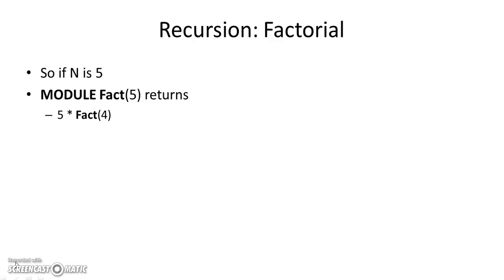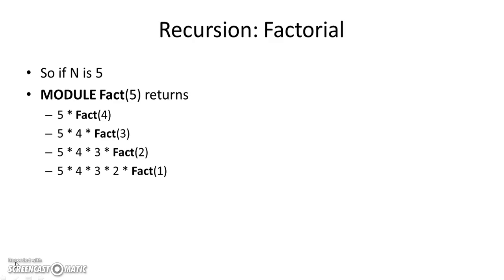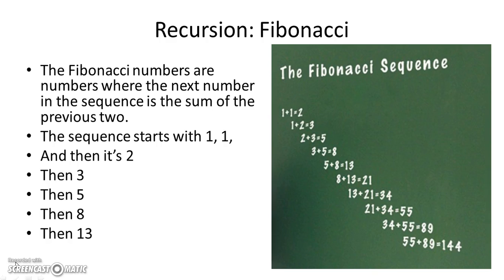If n is 5, fact 5 returns 5 by fact 4, fact 4 is 4 by fact 3, fact 3 is 3 by fact 2, fact 2 is 2 by fact 1, fact 1 is 1 by fact 0, which is 1, so the whole thing works out as 5 by 4 by 3 by 2 by 1, which is 120, which is correct.